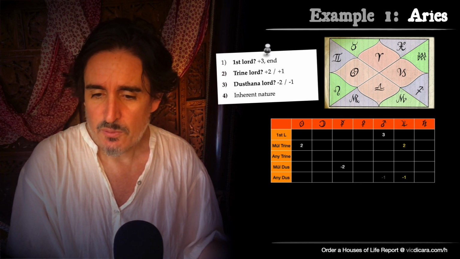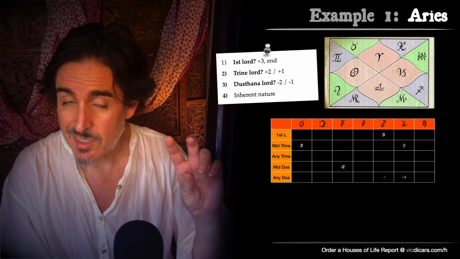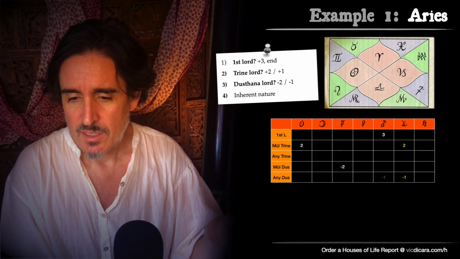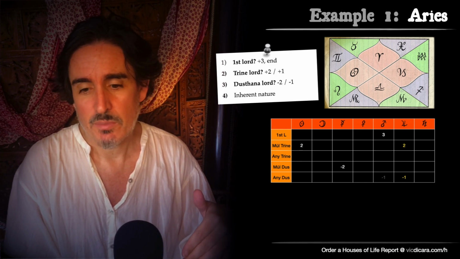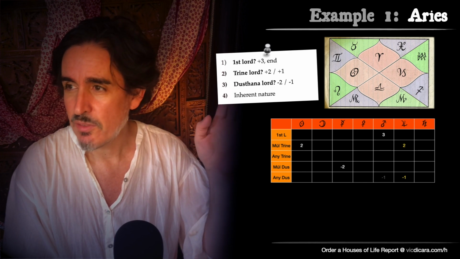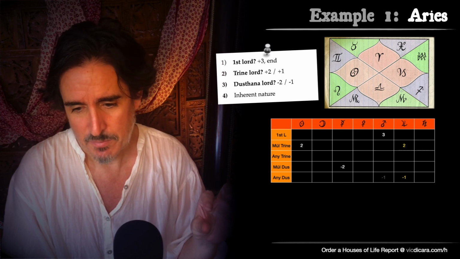So Virgo is Mercury's mula sign, so this gets a -2 for Mercury. Scorpio is Mars' sign, so we don't care that it's a dusthana because Mars is the first lord. And even if the first lord is lord of a dusthana, it's not marred by that. It's still a +3.